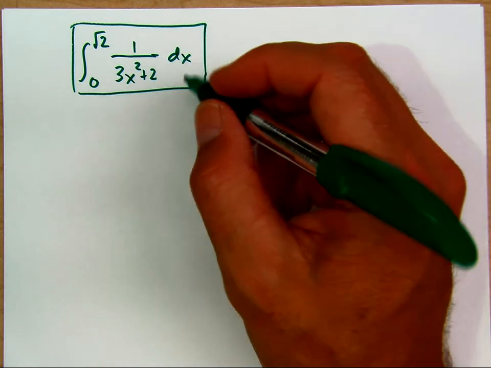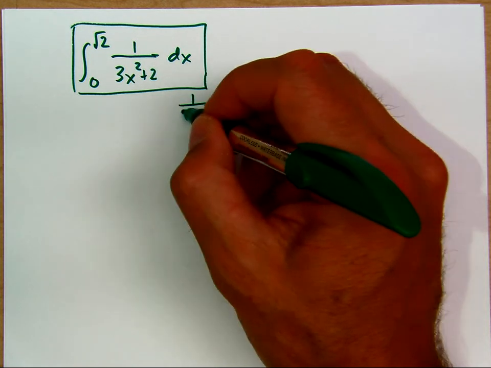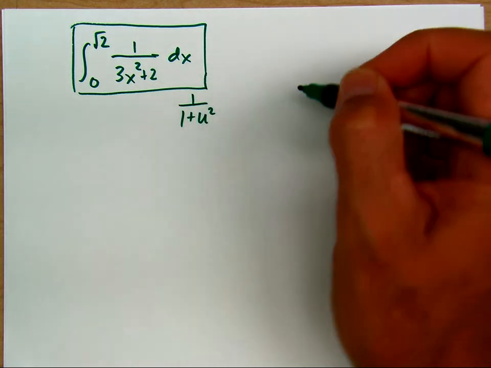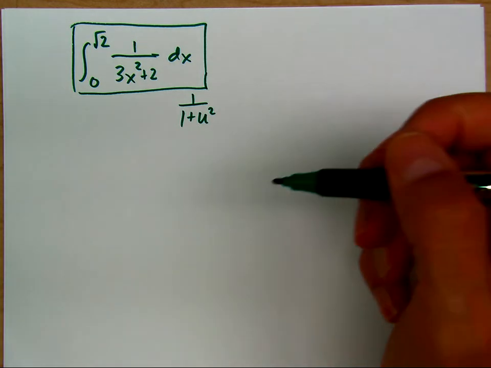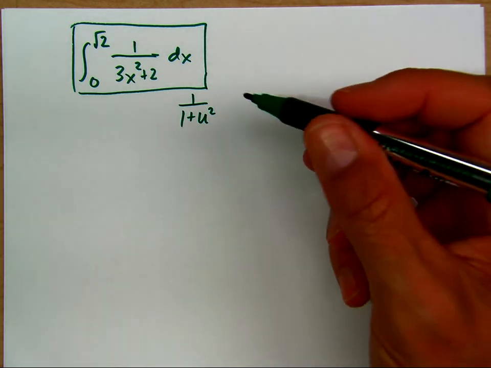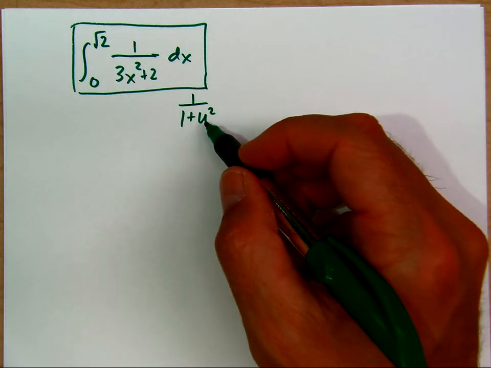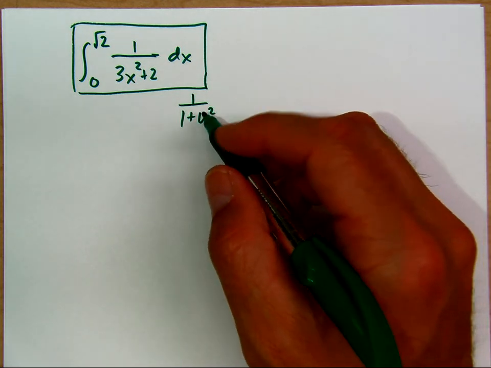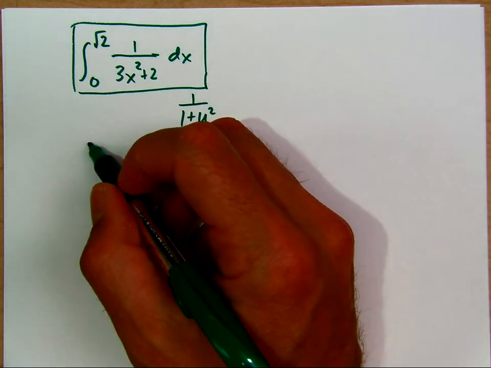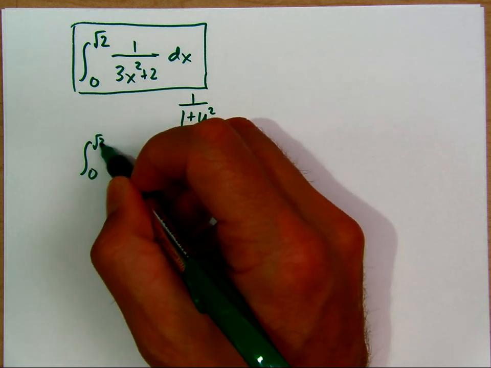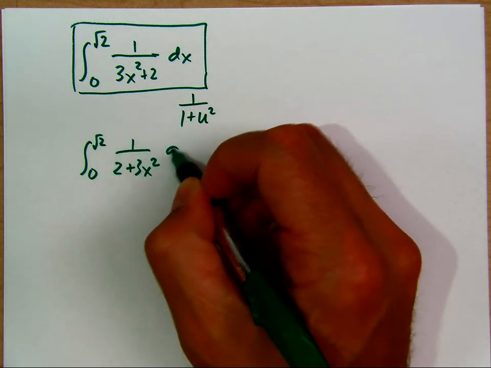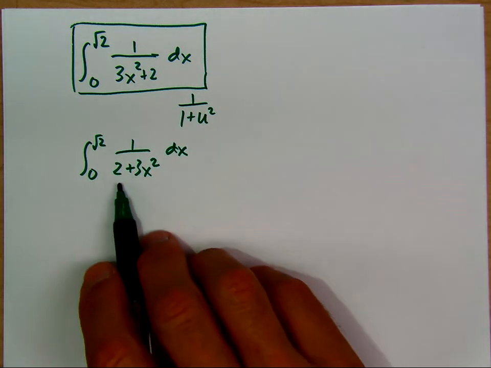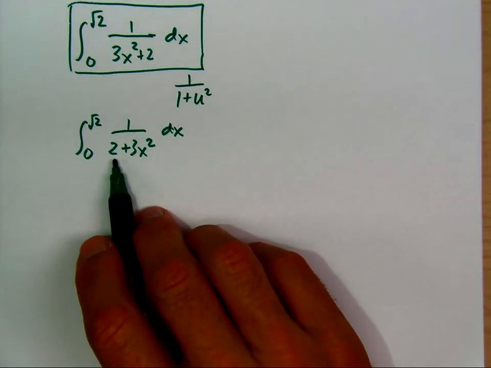For arctangent we're looking for 1 over 1 plus u squared, and even if this wasn't addition, we could always switch the order and make one negative or manipulate it to look like that. So let's start just by switching the order.